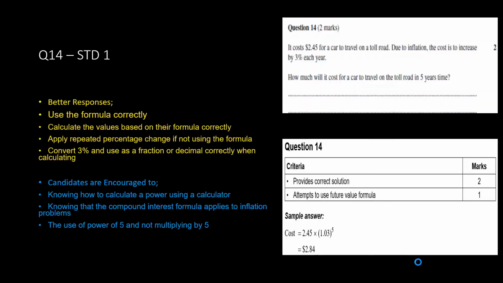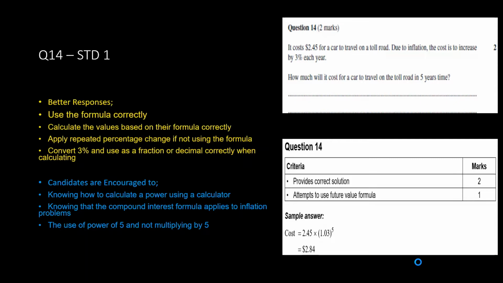Question 14 was a Standard 1 only question. This again was an inflation question. In better responses, students understood the formula for inflation or compound interest. They calculated the values based on their formula correctly. They applied repeated percentage change if they didn't use the formula, and they converted 3% and used it as a fraction or a decimal.